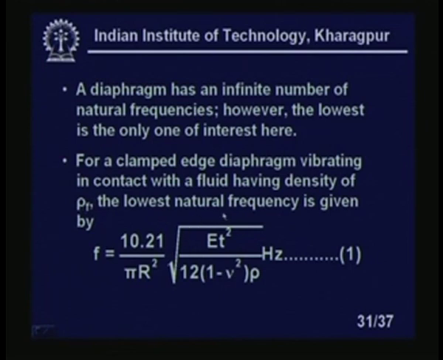The lowest natural frequency, or fundamental, is given by f equal to 10.21 upon pi r square under the square root E t square upon 12 (1 minus nu square) rho, and that is in Hertz.